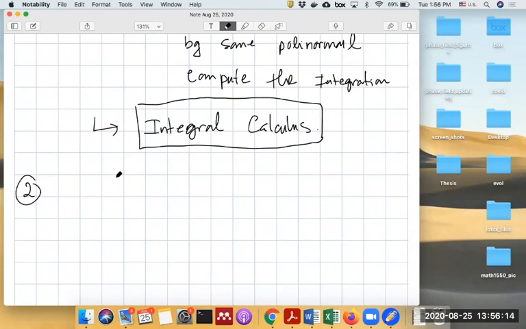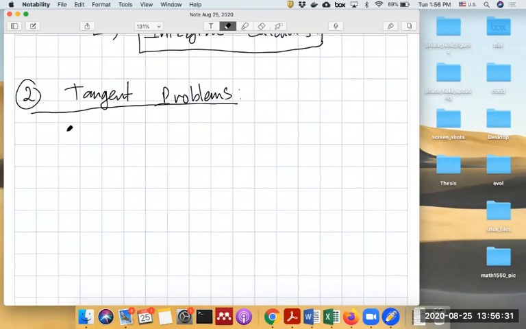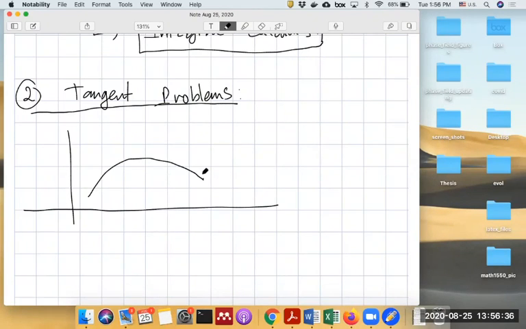And another problem we may deal with will be the tangent problems. For example, if we're going up a hill, which is like that, right? At the top of this, we're biking, and we want to know how steep it is, which needs us to compute the slope.